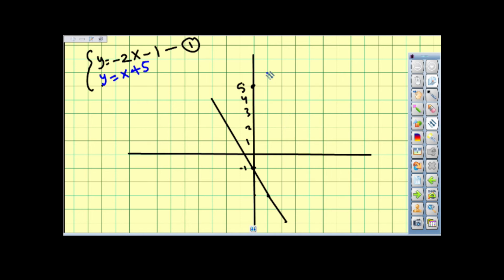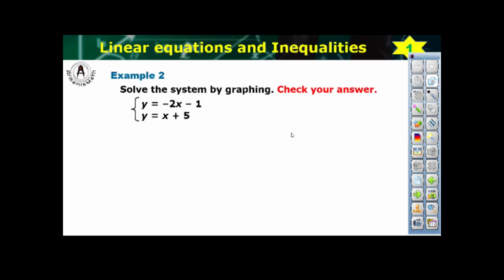So 1 and 1, and then I'm going to connect my points. I think I'm crossing here somewhere. I should be careful with this graph. I guess I'm close enough for this graph. Okay, so that's how I graphed these 2 lines.